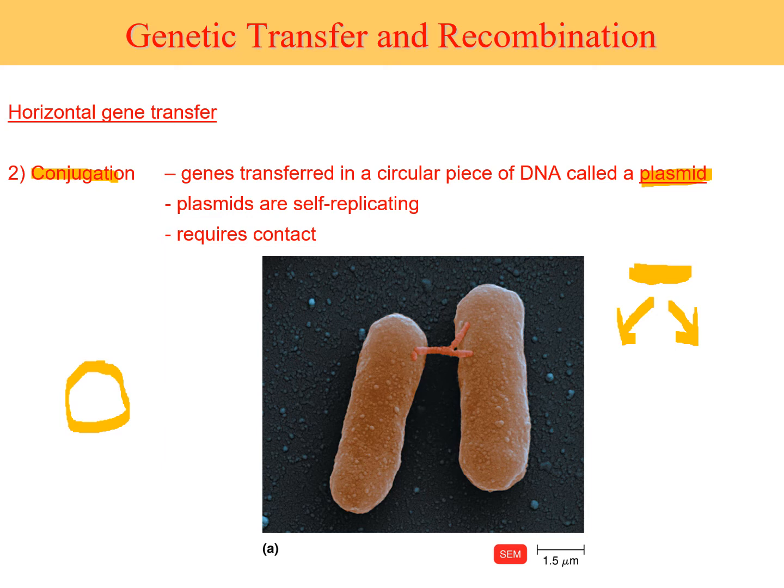So you have, of course, the host bacterial chromosome, which is much, much bigger than a plasmid, but you can also have plasmids inside, usually more than one. And the two second generation bacteria will also contain the same plasmid.